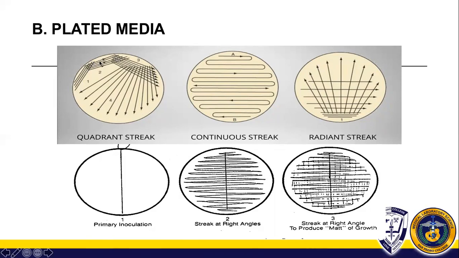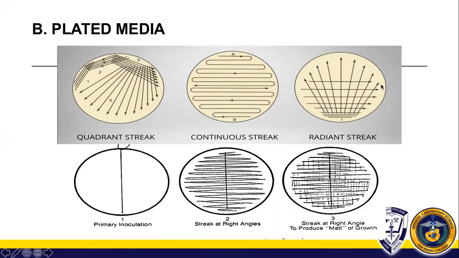So we have 1, 2, 3, 4 quadrants. And then you can also use this continuous streak. You can start in this area and then move towards the center, stop at the center. Start again on the other side and then move towards the center. Or you can use gradient streaking.